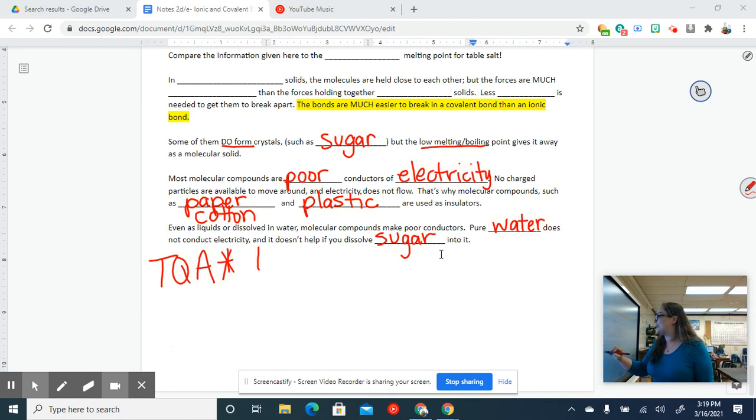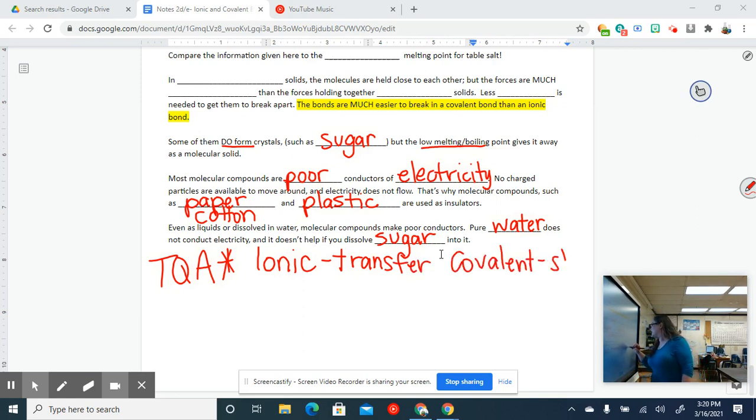All right, so some things to add down here at the bottom, some things to remember. You want to remember that ionic means transfer, and covalent means share. You need to know that ionic bonds make ionic compounds, and covalent bonds make molecular compounds.